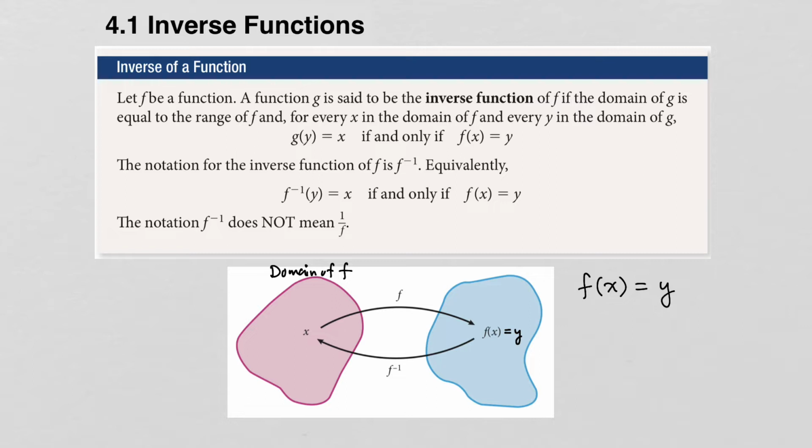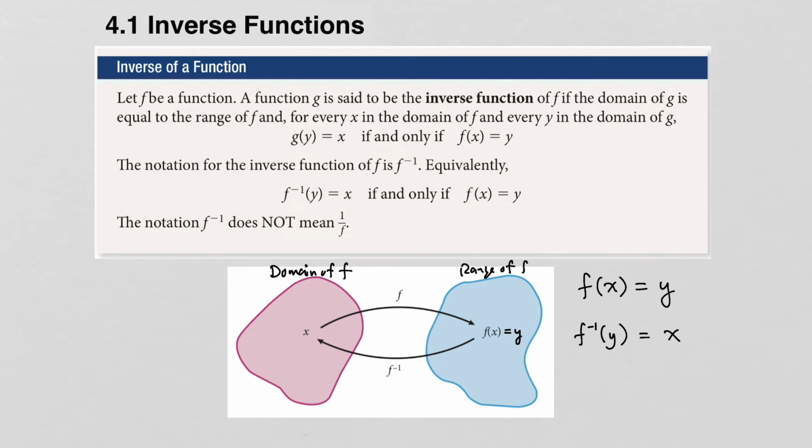So what the inverse function does is it will take this number over here, which is the number y, and it will send it back to where it came from. So we say f inverse of y is equal to x. Now this set over here is what we call the range of f.